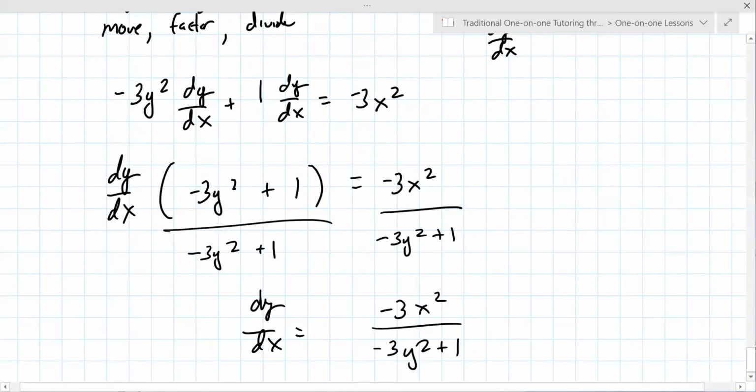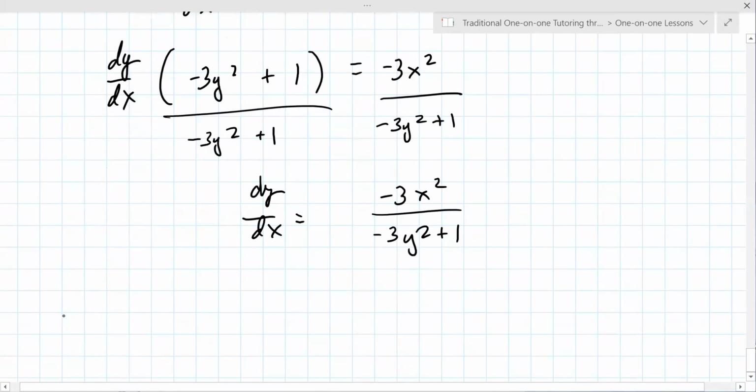Can we do one more problem at this difficulty level before moving to B? Yes, because B introduces product rule, and it's just uncomfortable. I have a quick question. On the answer, it says 3y squared minus 1 on the denominator. Is that just a typo? Because I also got plus 1.